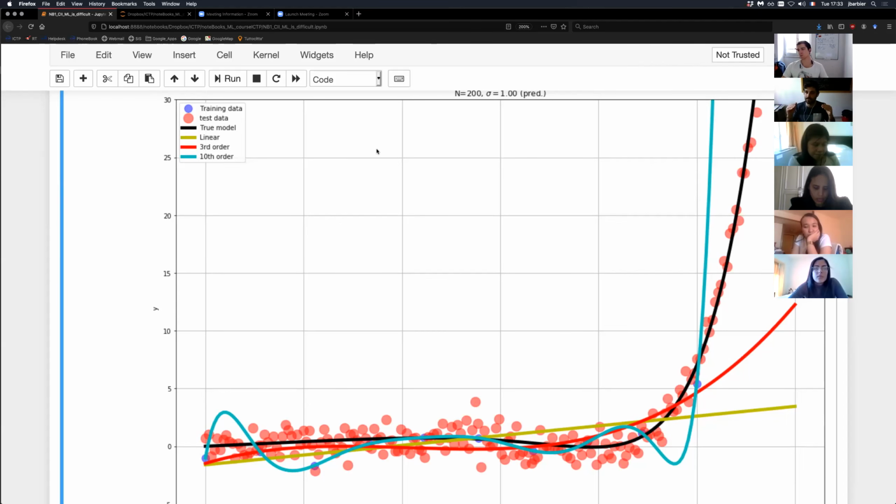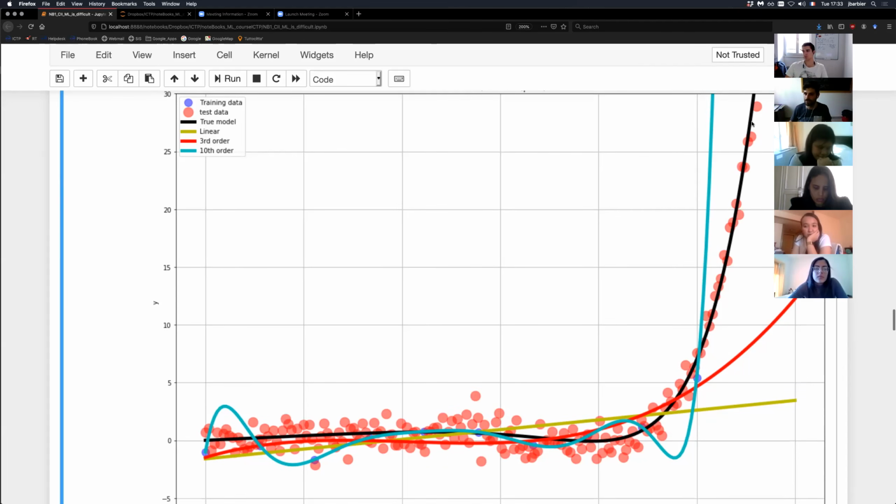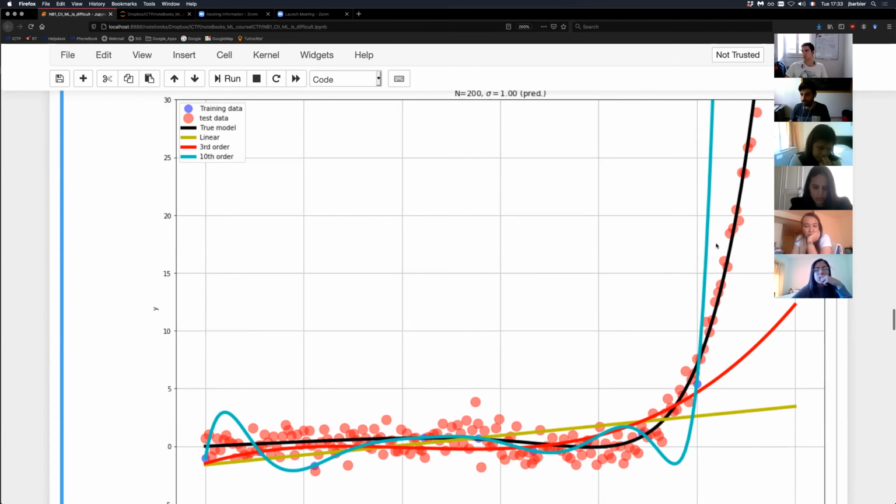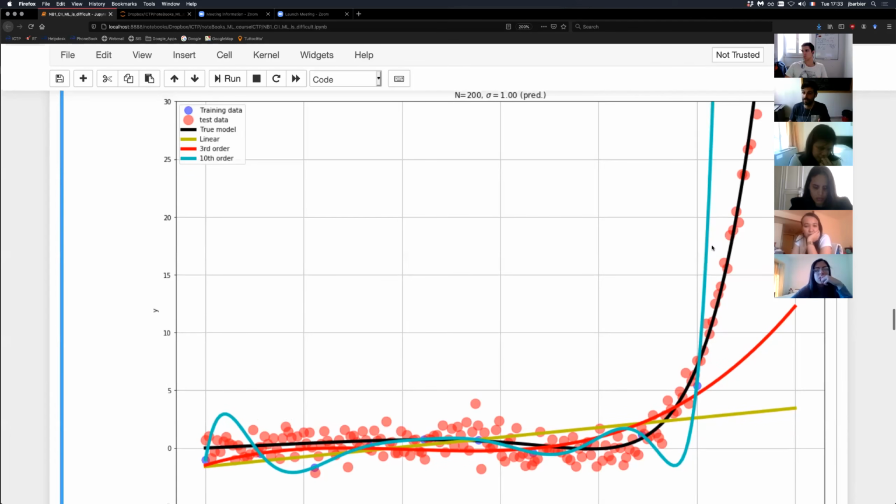So the best trade-off is in this case the third-order polynomial, in the sense that it's rich enough to capture sufficiently many features of this black curve, of this 10-order polynomial. So you see the red line that we fit is not so far from it. But at the same time, it's robust enough to noise due to the fact that it has few degrees of freedom, and therefore it's less sensitive to noise.